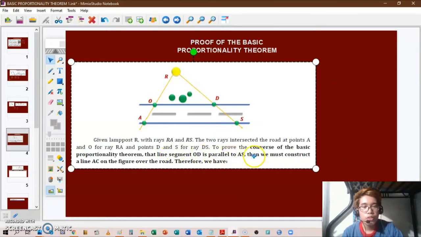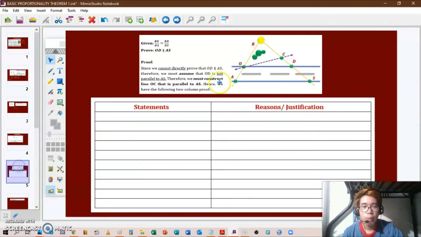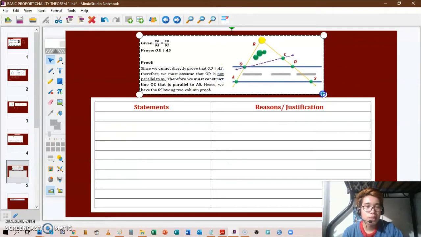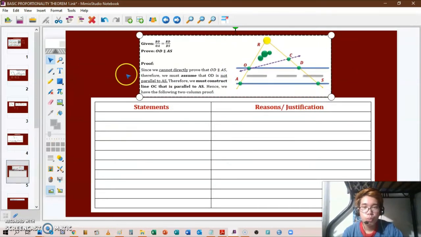To prove the converse of the basic proportionality theorem, that line segment OD is parallel to AS, we must construct a line AC on the figure over the road. Constructing it lets us prove the converse, or the opposite, of the basic proportionality theorem.